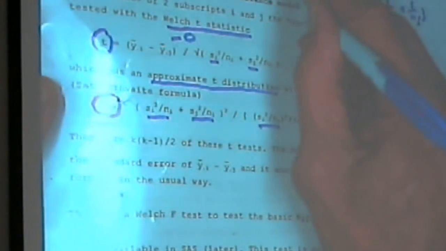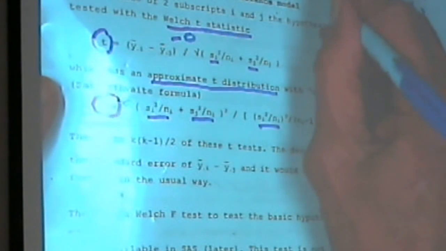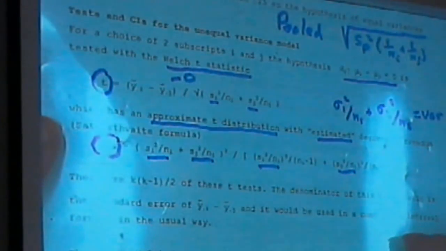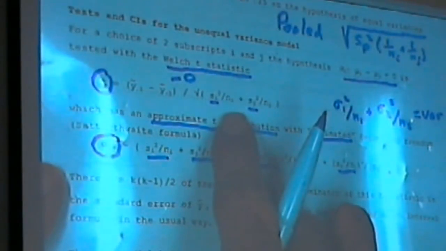And the s_p that I've written here is labeled the pooled sample variance. So pooling together the two samples comes up with a single estimate of sigma squared. So that's the denominator for the regular t-test, or we call it the pooled t-test. And I should write that word here. For the pooled t-test, we use that denominator. And then for the Welch t-test, we have a different denominator here.